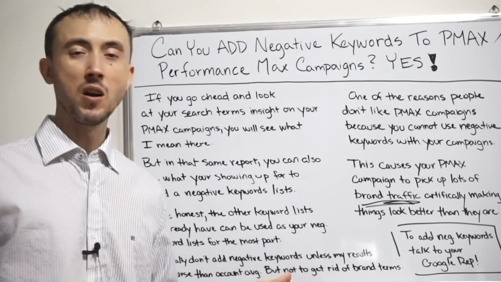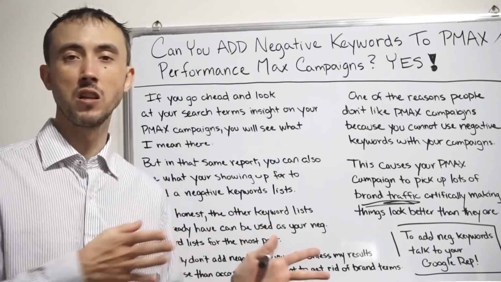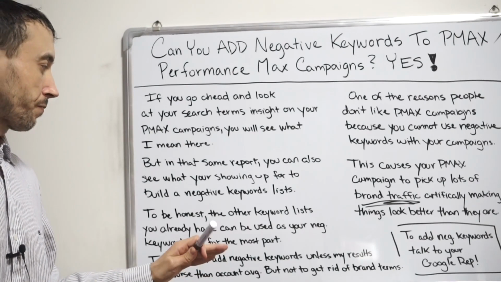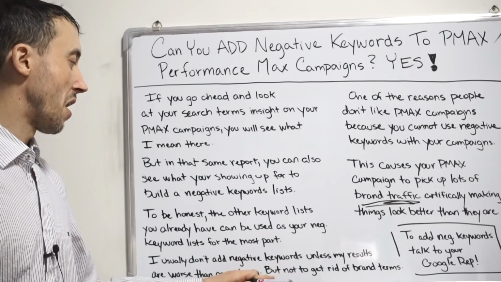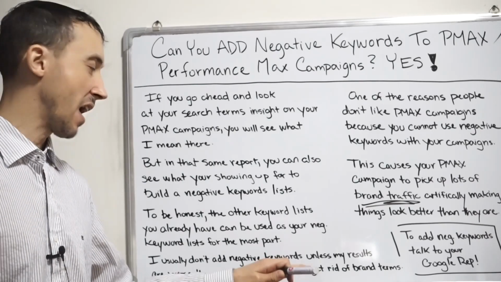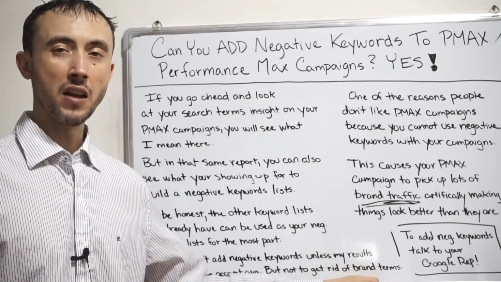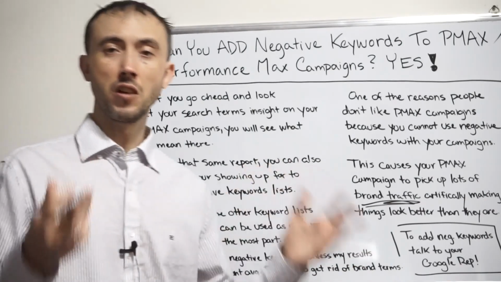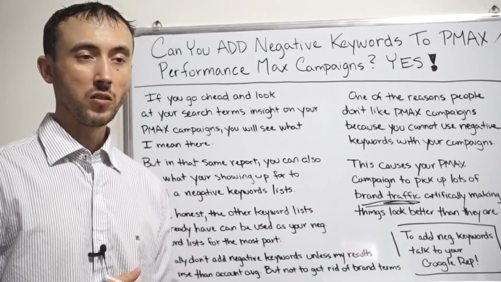So that would be one time where I would add the negative keyword list, as far as what we're doing here at our PPC firm on a regular basis. And then, going back to the brand keywords, like I said before, I won't add negative keywords to a PMAX campaign to get rid of brand terms, because we want brand terms in our Google ad account strategy overall.